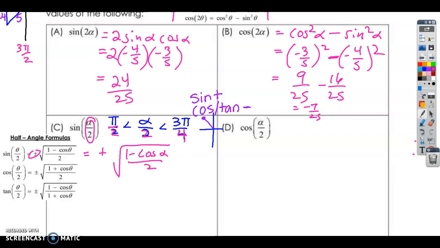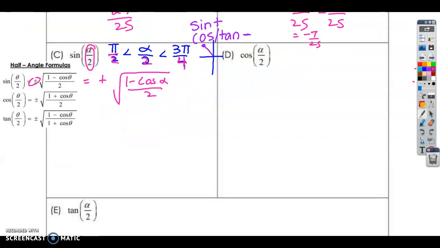And this is usually where students have trouble. It's not the trig. They get the trig. I'm going to get rid of the plus because we already know it's a plus. 1 minus a negative 3/5, this is where people have trouble with the math. So that becomes a plus, 1 plus 3/5 over 2. I am going to multiply that entire fraction, the numerator and the denominator, through by 5 over 5 to get rid of the 5.